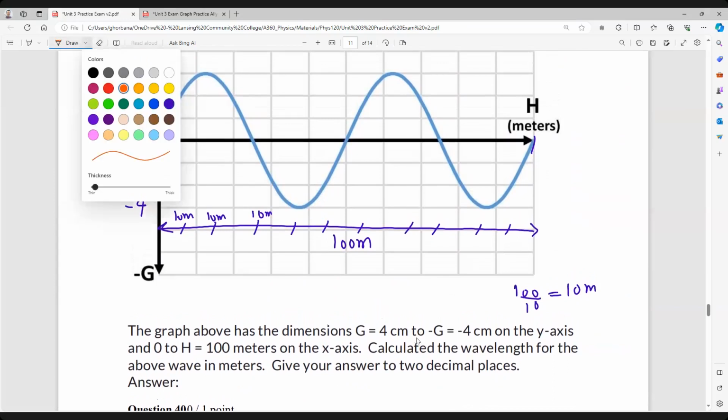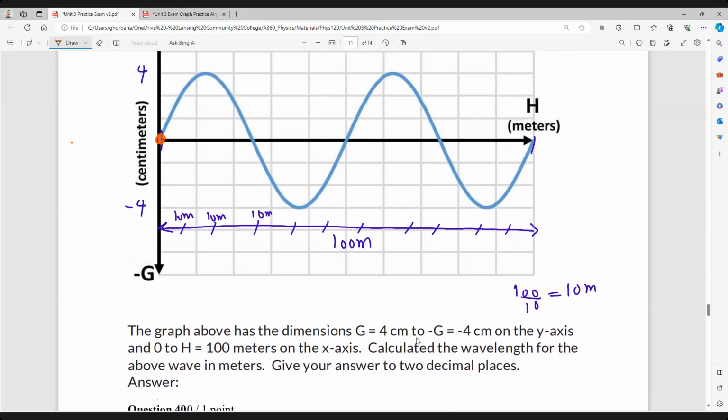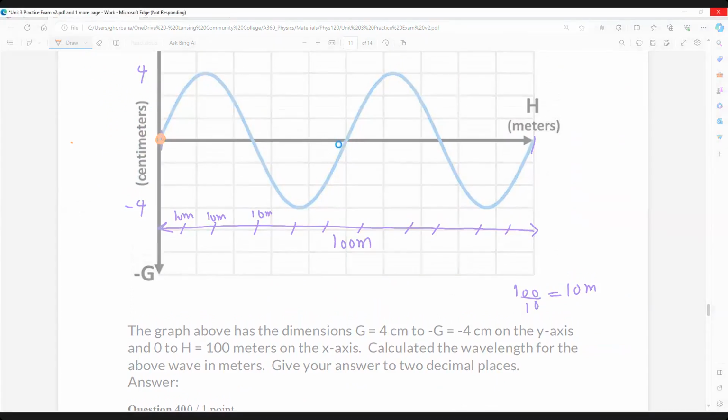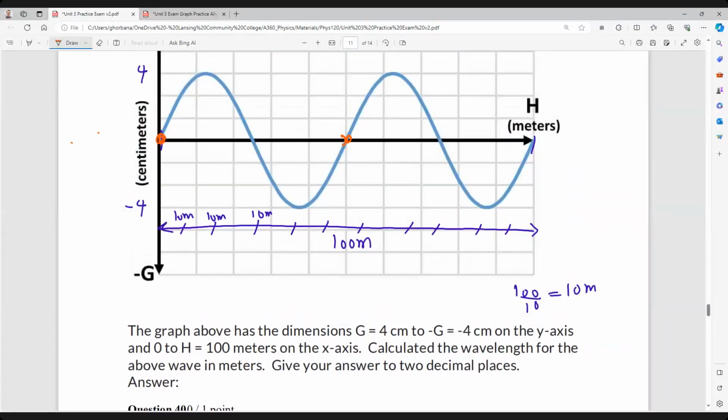Again, the wavelength is the same distance, from here to here. Okay, let's see what happened. There you go. From here to here, or from, let's say, here to here.